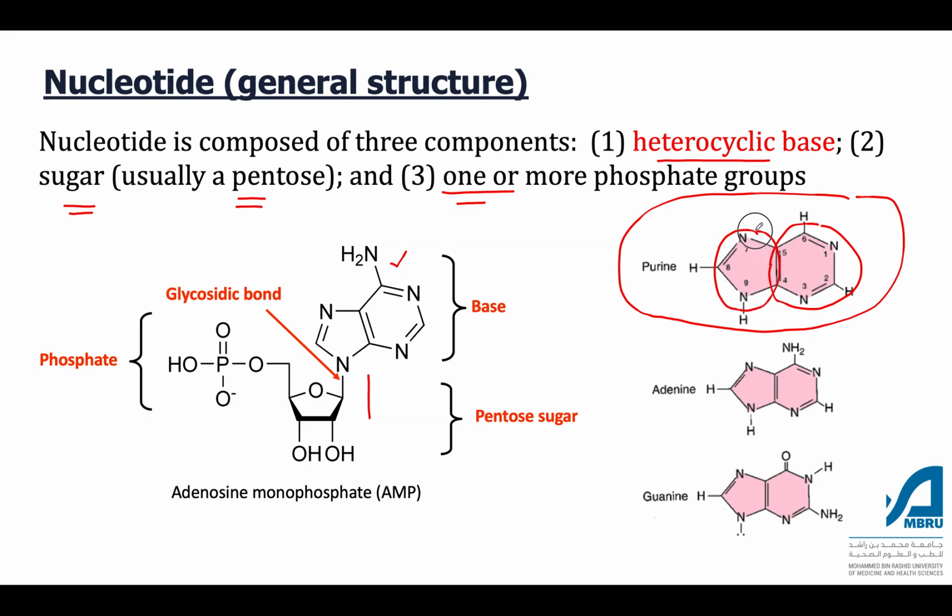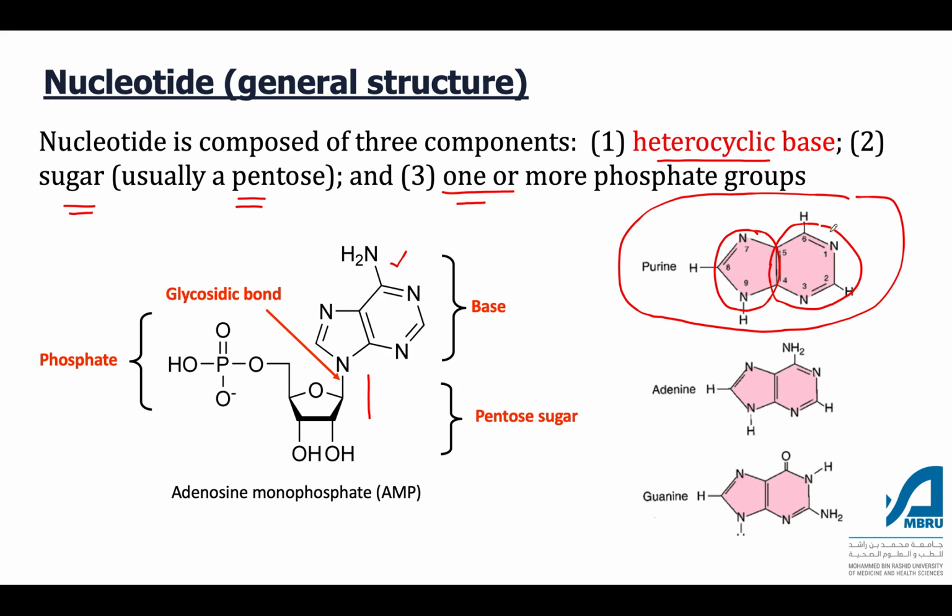Therefore, purines are heterocyclic aromatic compounds consisting of a pyrimidine ring which is fused to an imidazole ring. Now, each component of the purine is derived from specific molecules. So let us quickly visit them.